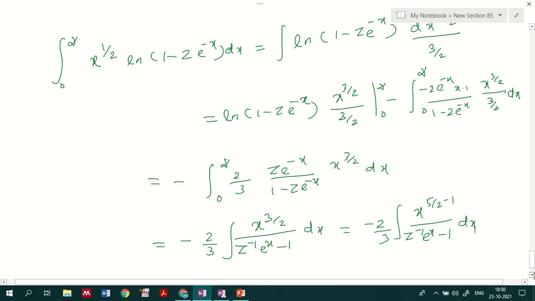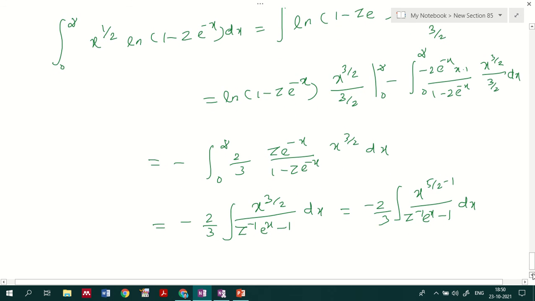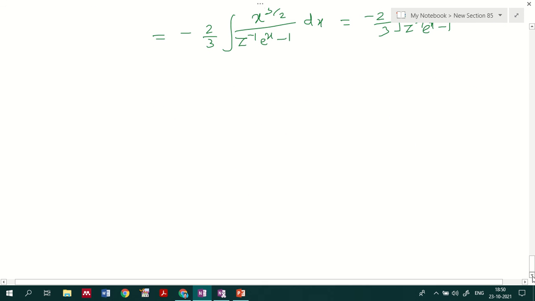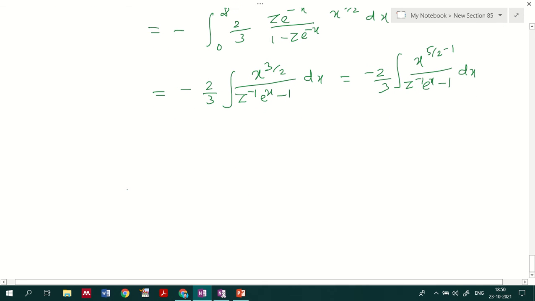So like that you can solve the integral equation. Then if you continue, this will be equal to minus 2 by 3.